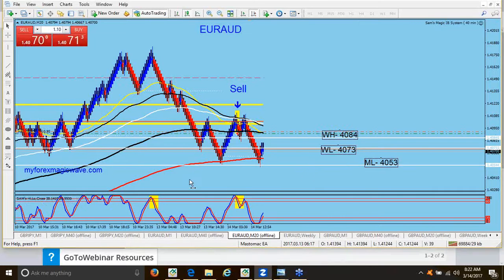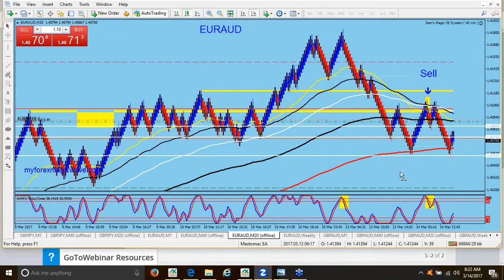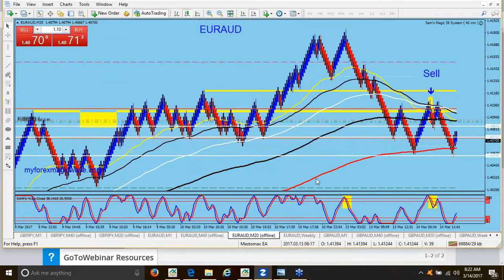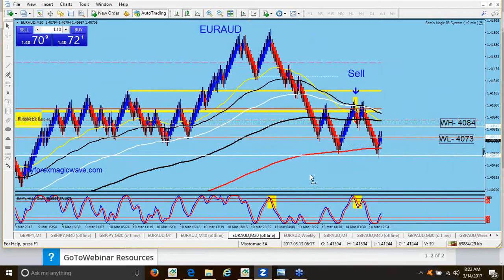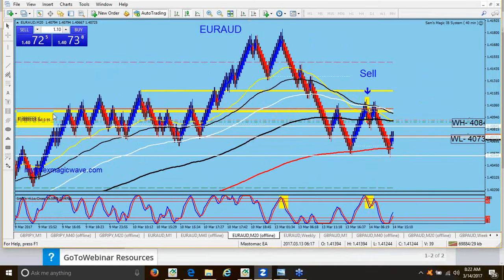Okay, and by the way, this is my entry and SL, almost at break even. So even if the price goes up and hits my SL, I don't lose anything. But when you make several entries, that's what really happens: you make a little in one trade, but you make a lot in another trade.